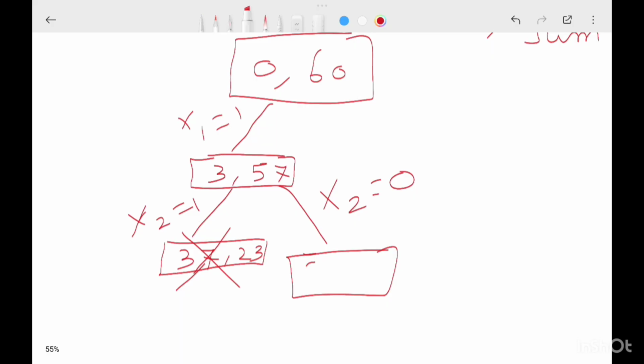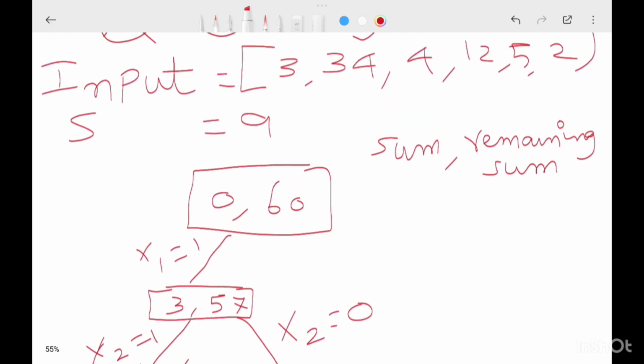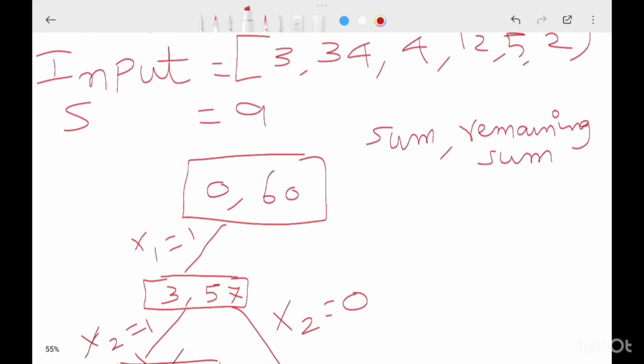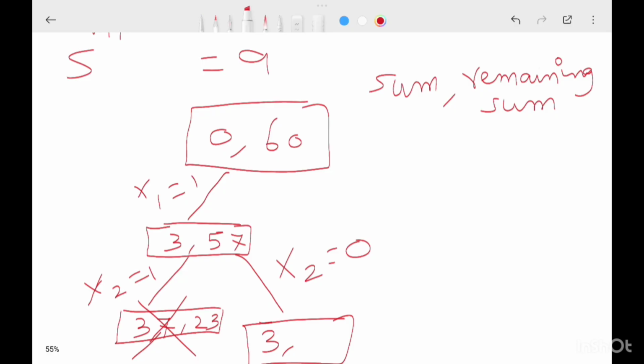So the sum is the same, 3, but the remaining sum is not the same, because in this particular combination I am just excluding the value 2. So we need to subtract the value of 2 from the remaining sum in the previous state.